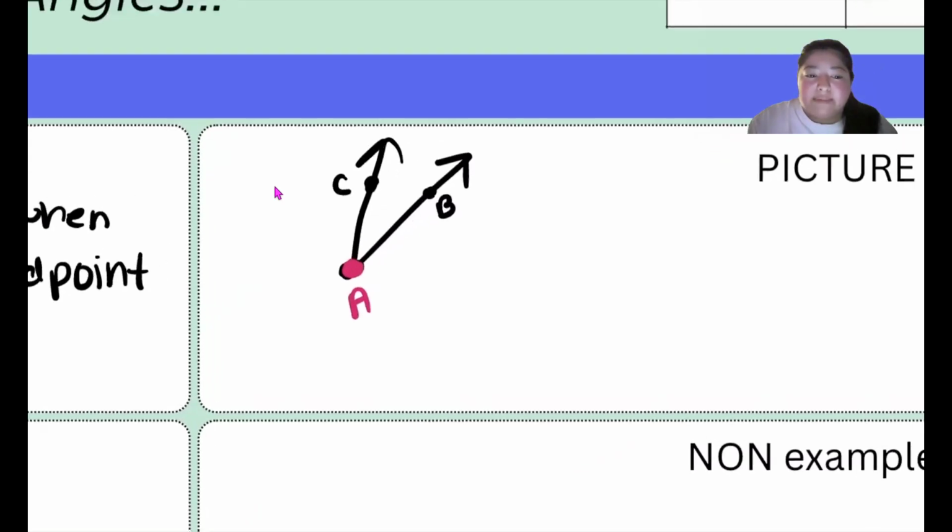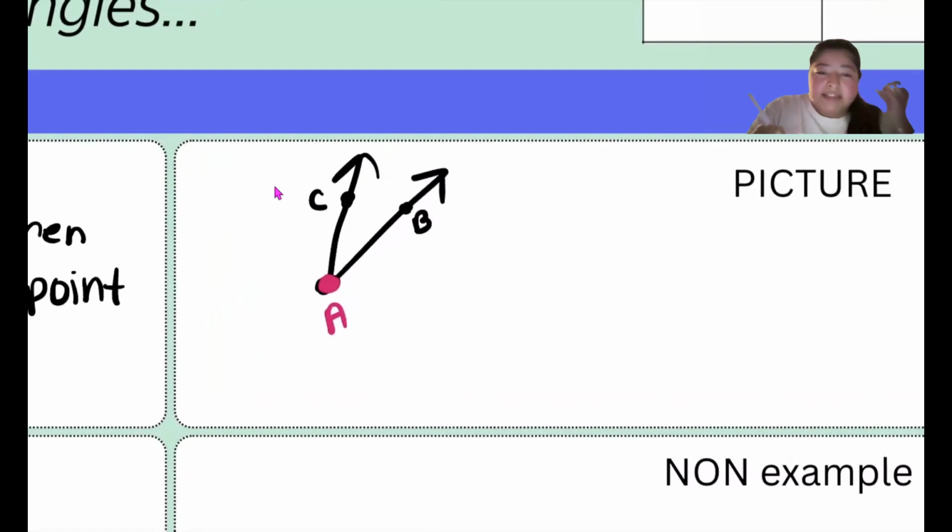Now, how will we name this angle? It's going to need 3 letters. We're going to start not at the endpoint. We need to start at one of either point C or point B. Okay? So it's going to have a little angle symbol. And I'm going to go from left to right all the way.